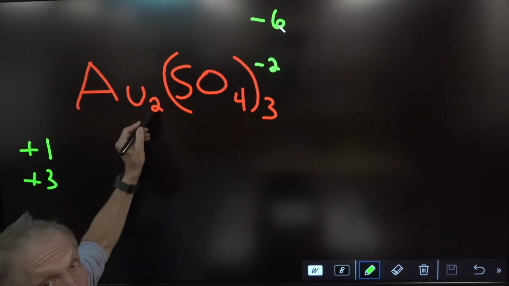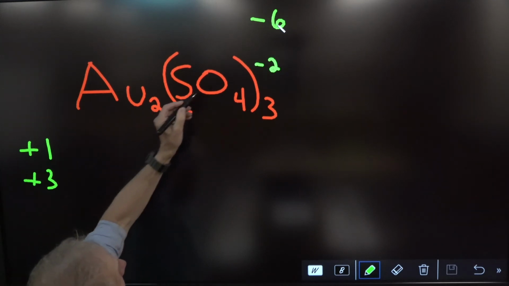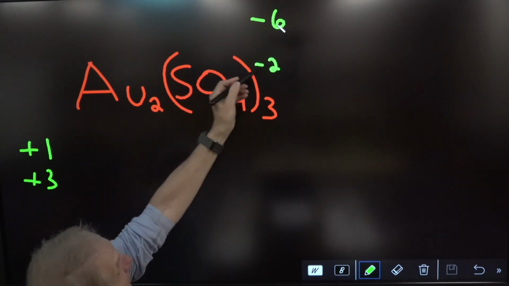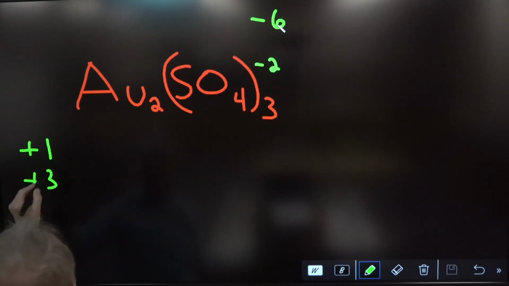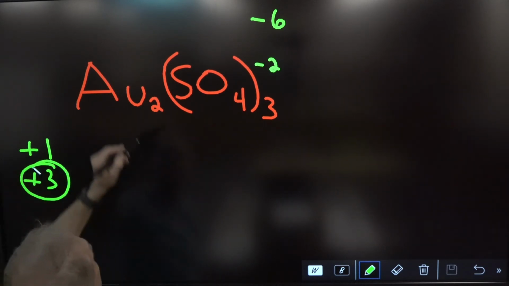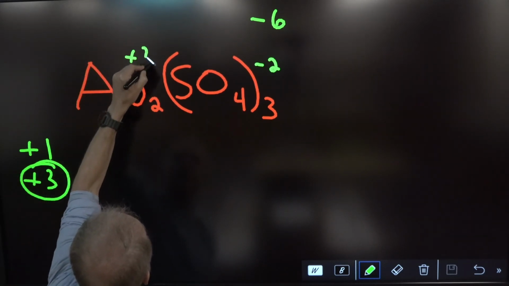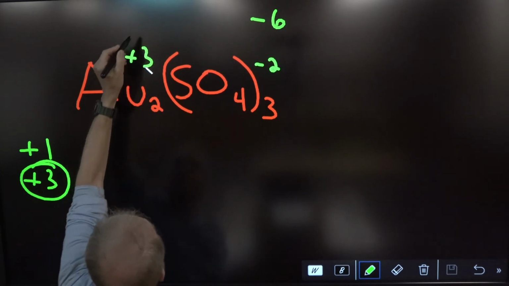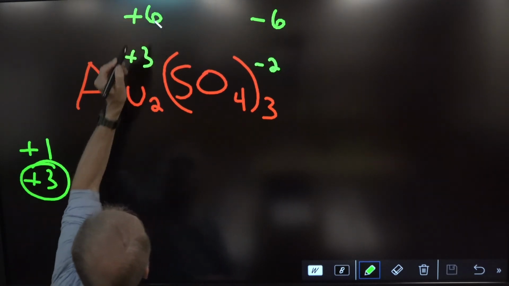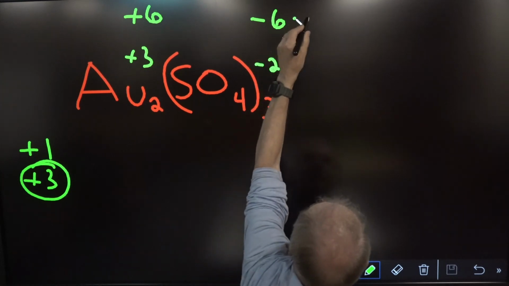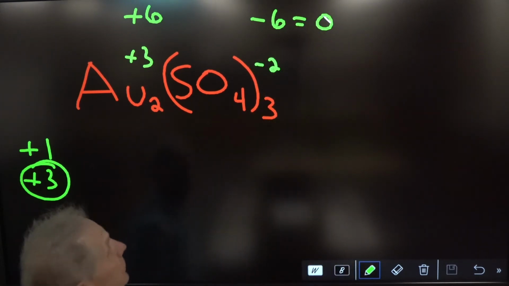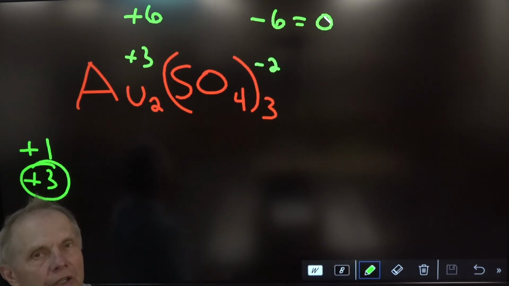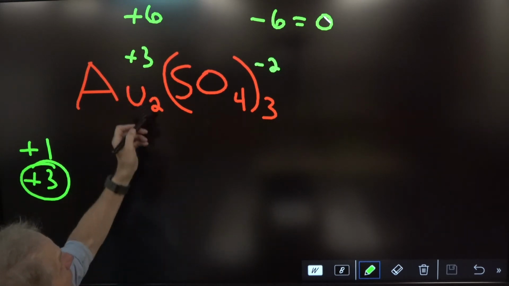Gold, we have 2 of them. So how are we going to get a +6 to equal 0? Well, we're going to have to use this one right here. So this is a +3. So 2 times a +3 is a +6. A +6 and a -6, that equals 0. So we know gold is a +3, and there's 2 of them.